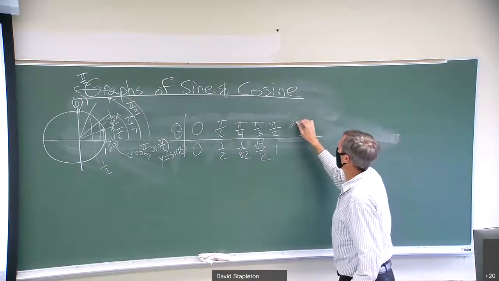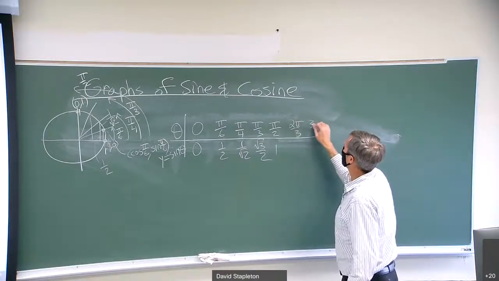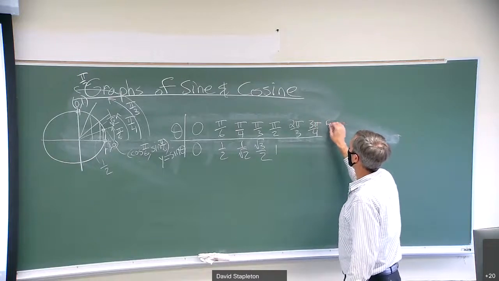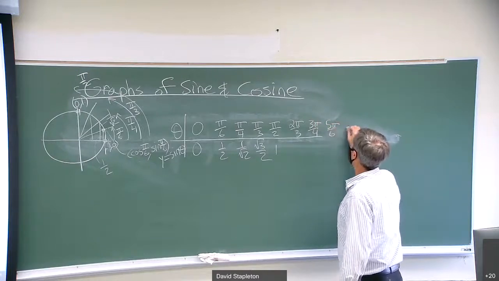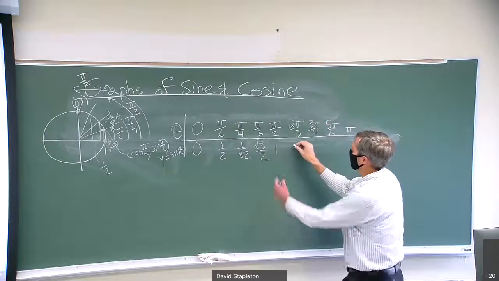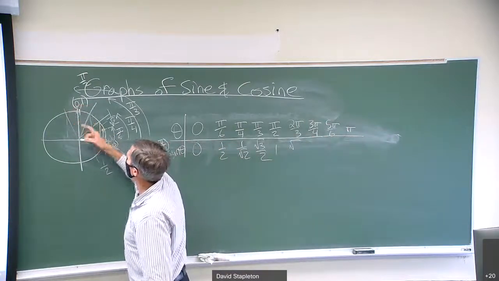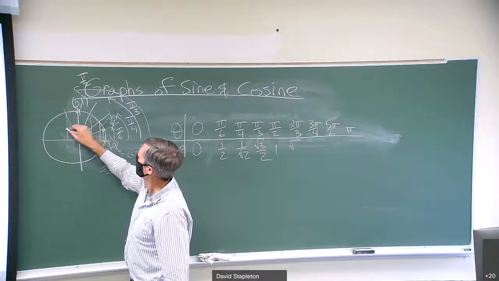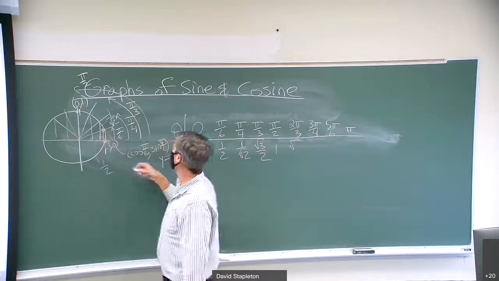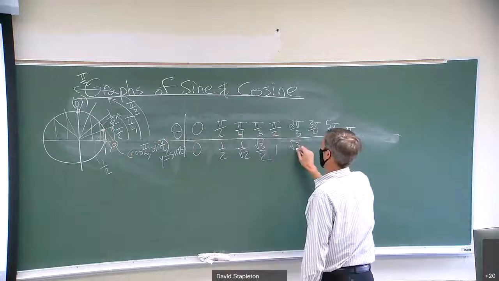We go up to 2 pi over 3, 3 pi over 4, 5 pi over 6, pi, a straight angle, and we start coming down these same numbers, right? At 2 pi over 3, we get the same y coordinate we did at pi over 3. 3 pi over 4, we get the same y coordinate we did at pi over 4, and so on. So we get these same numbers going down.